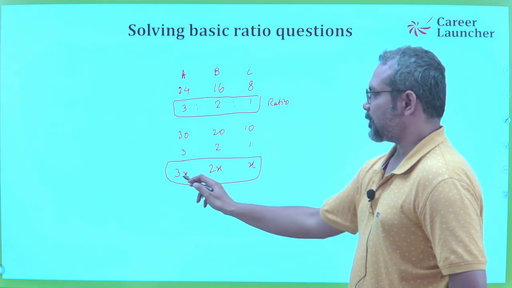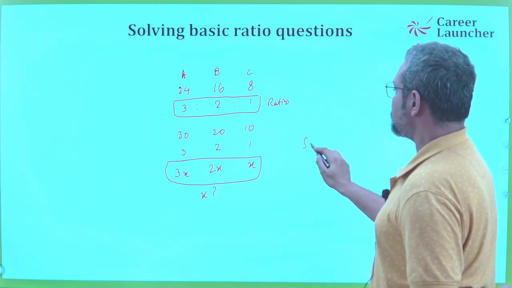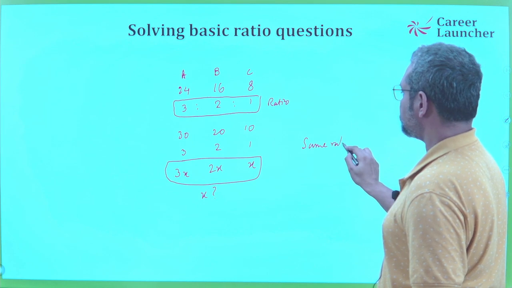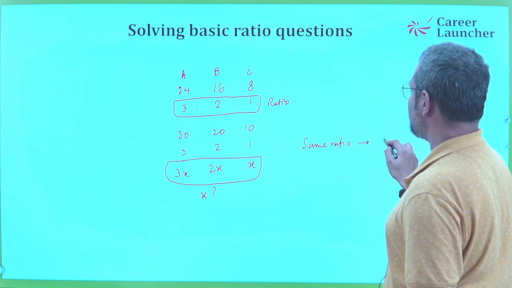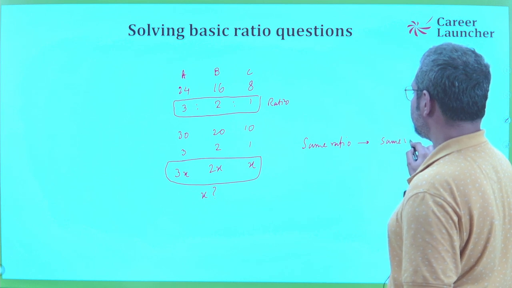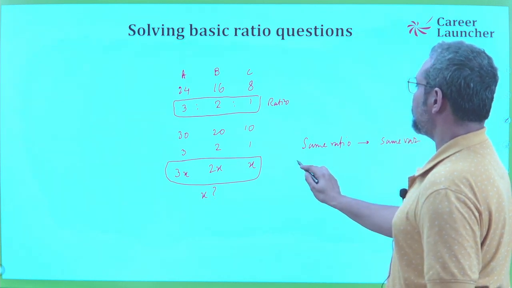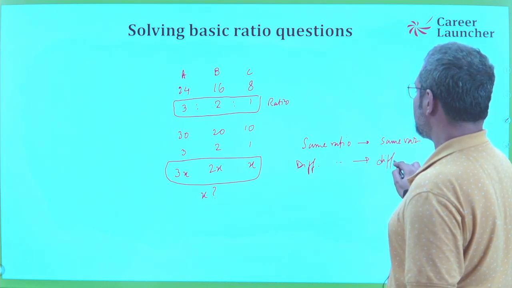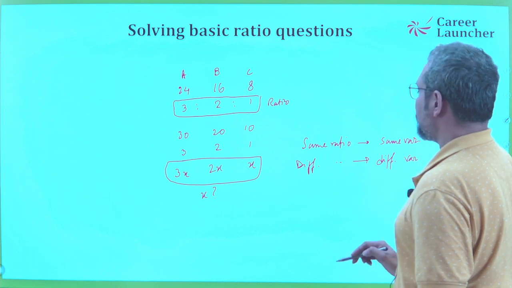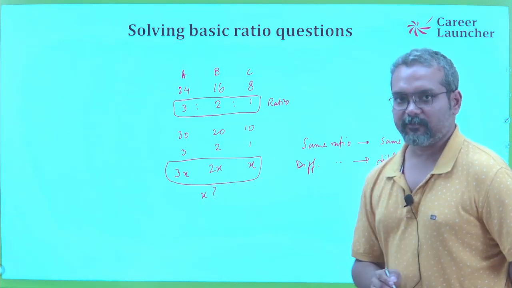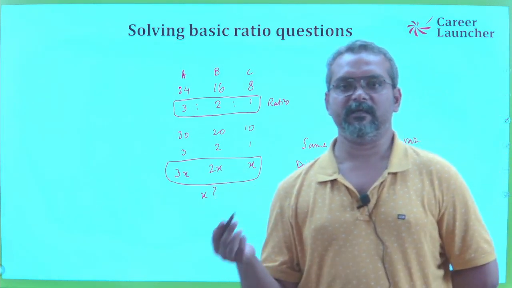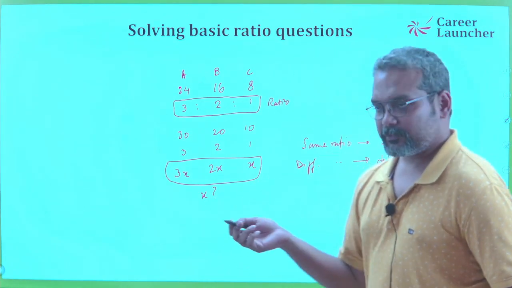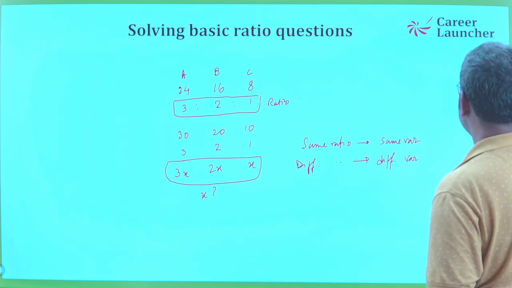Take the same variable for the same ratio, so you will use only one variable throughout. But if there are different ratios, you must use different variables, because the variable that you cancel out in one ratio might not be the same variable that you cancel out in the other.